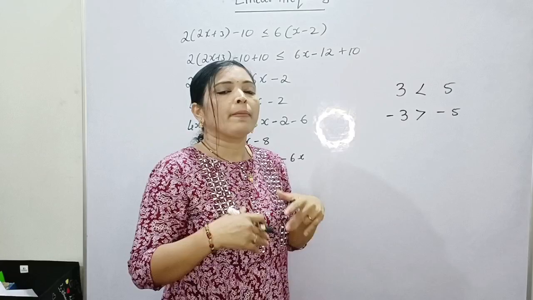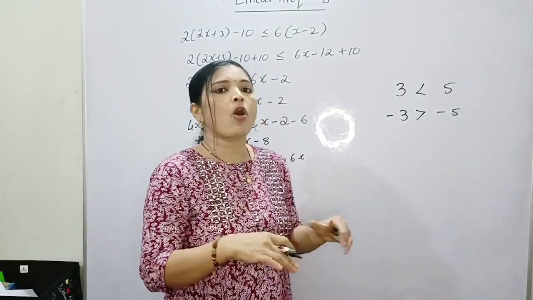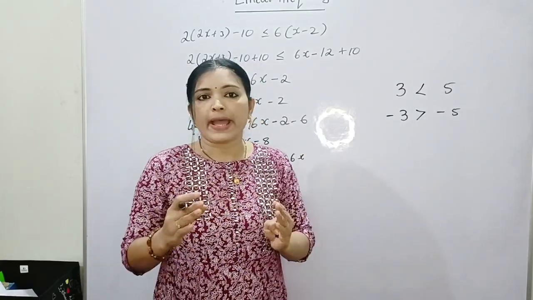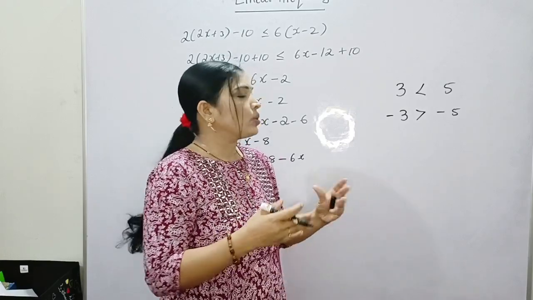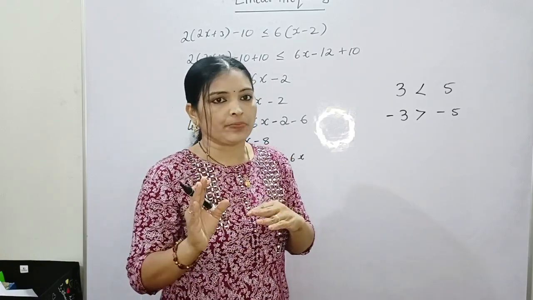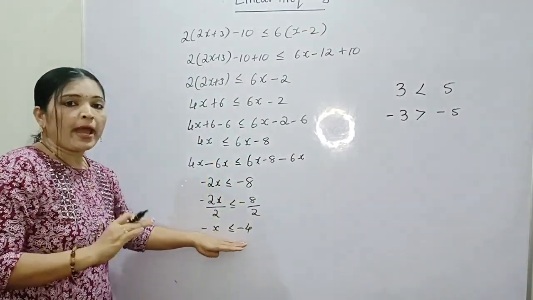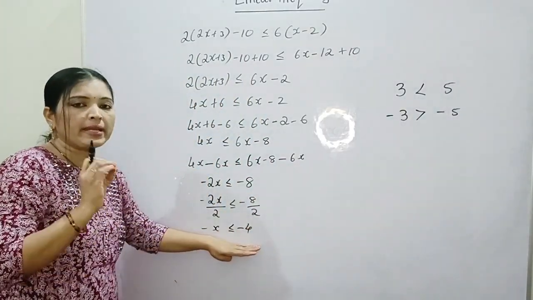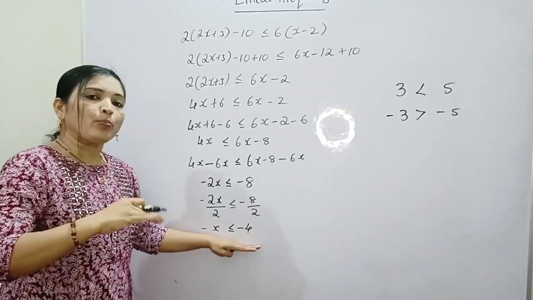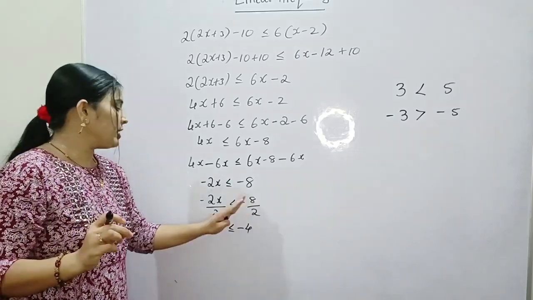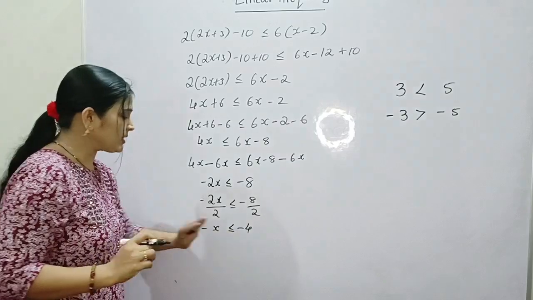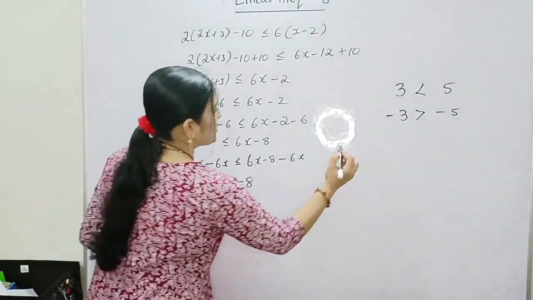So when we multiply by minus on both sides of an inequality, the inequality will be changed. Remember, when you multiply by minus 1 on both sides, the inequality will be changed.